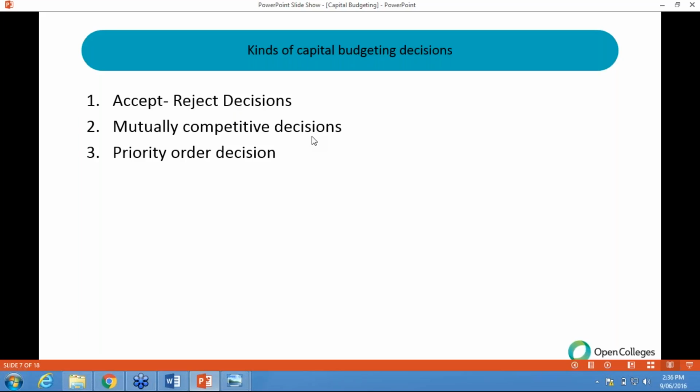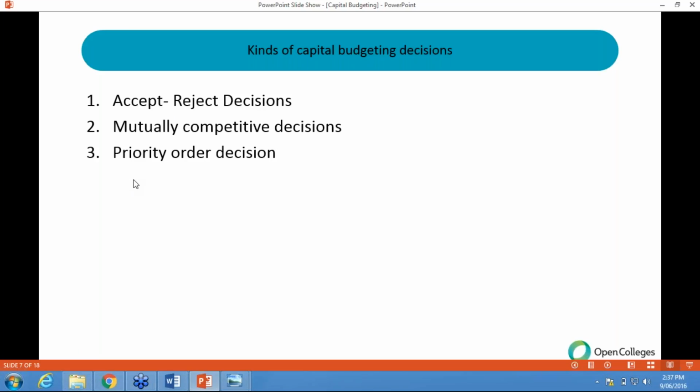So mutually competitive means these are proposals which compete with other projects, in such a way that acceptance of one will automatically result in the rejection of others. Of course, if you're accepting X, that means you're rejecting Y. It's so simple, unless you have excess money and you want to invest in both projects. However, mutually competitive means you have to go for one decision.